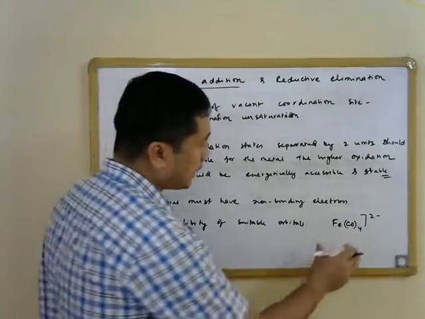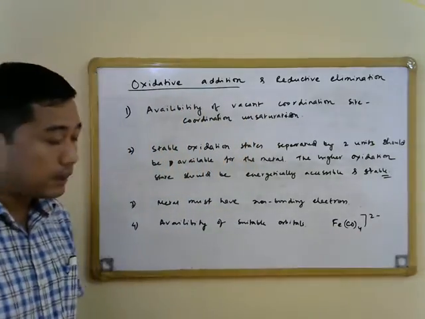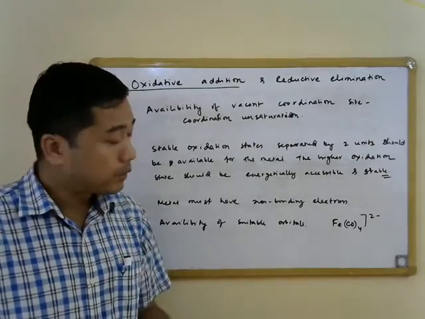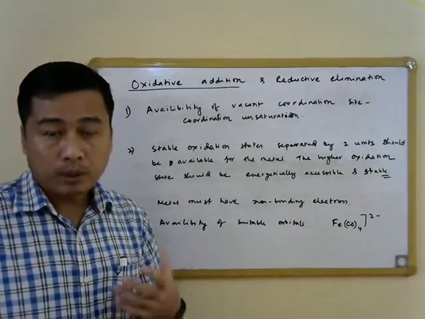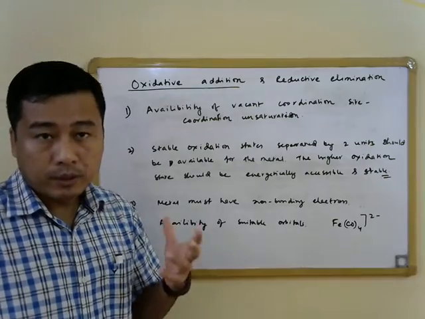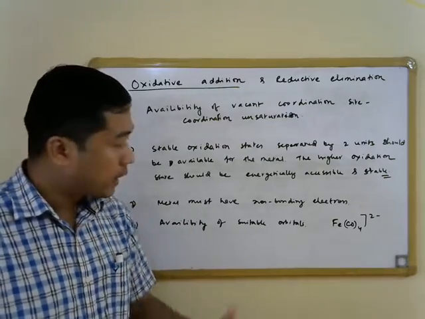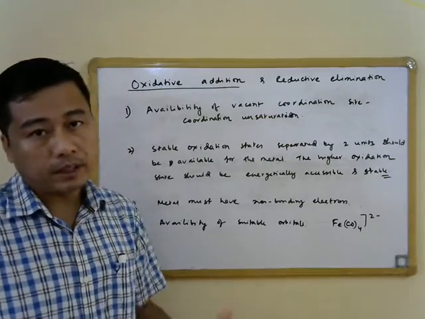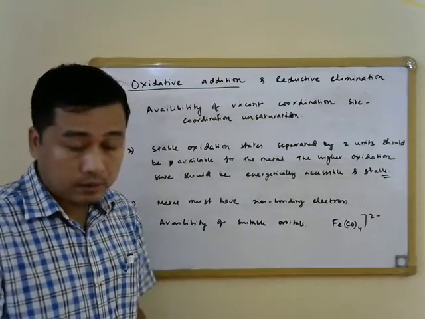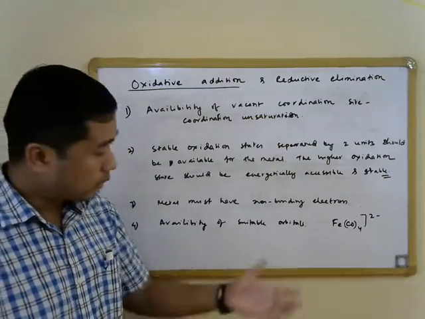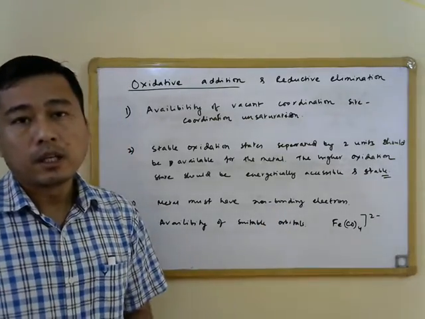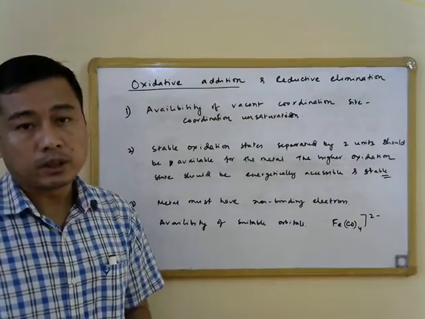Because what we see here is that in order to undergo oxidative addition reaction, this complex will have to use non-bonding molecular orbitals, and filling electrons in these non-bonding orbitals will essentially destabilize the parent complex itself, and that is why oxidative addition reactions do not take place in 18 valence electron species.